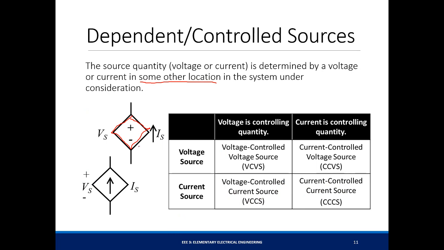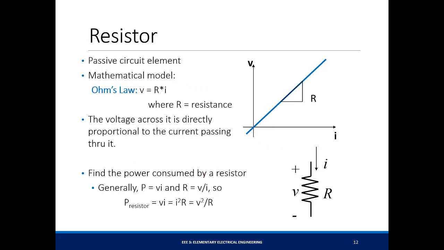So a plus minus right here means it's a dependent voltage source, which can be controlled by a current or a voltage. So these are the classifications of that. There's a voltage controlled voltage source and a current controlled current source. And the same is true with a current source right here. It can be voltage controlled or it can also be current controlled. So more on this as you solve more problems.